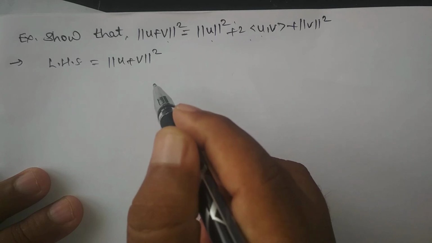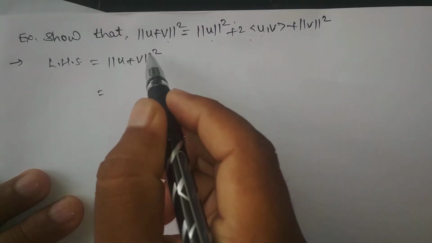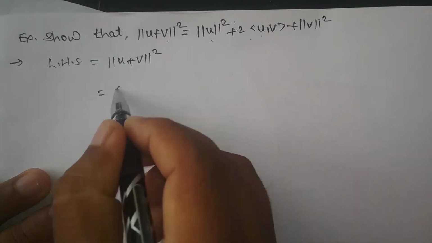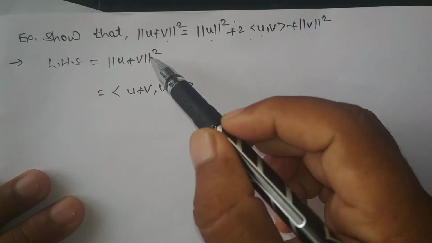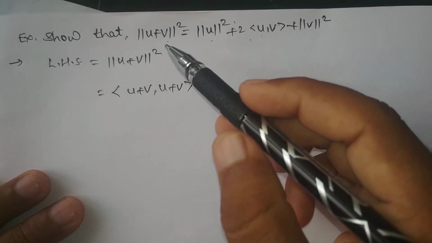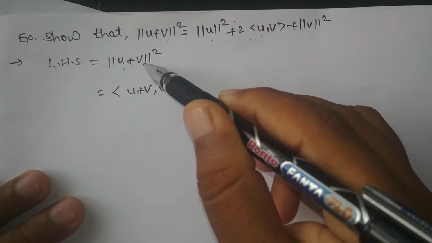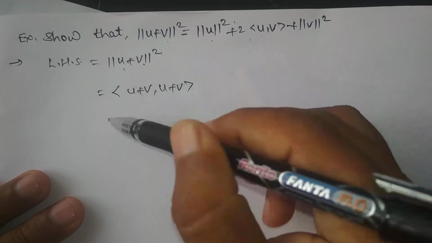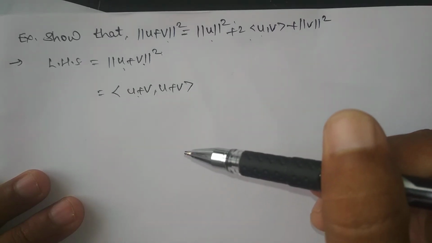So this can be written as, under root and square get cancelled, so it is nothing but the inner product of u plus v comma u plus v. Norm of u is under root of inner product of u comma u, and here norm of u plus v is there with square, so under root and square get cancelled. You will get the inner product of u plus v comma u plus v.